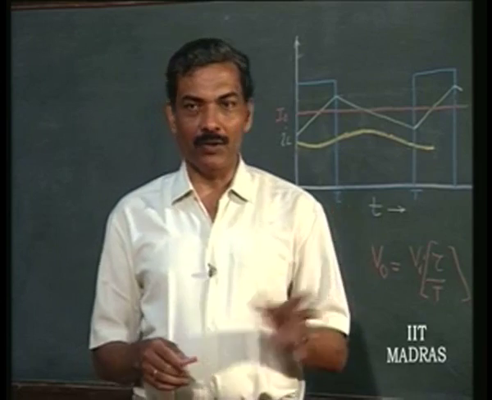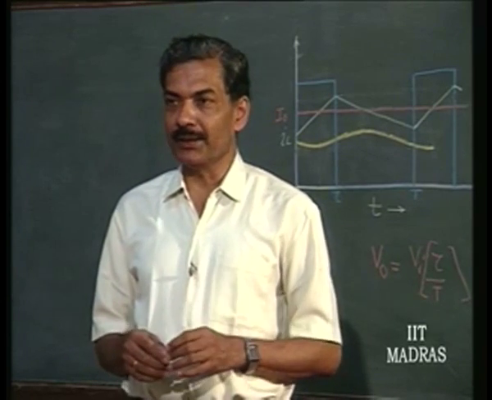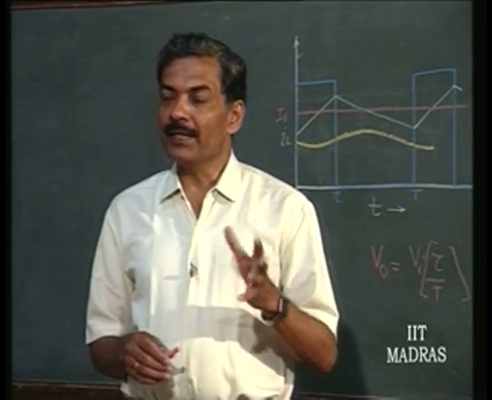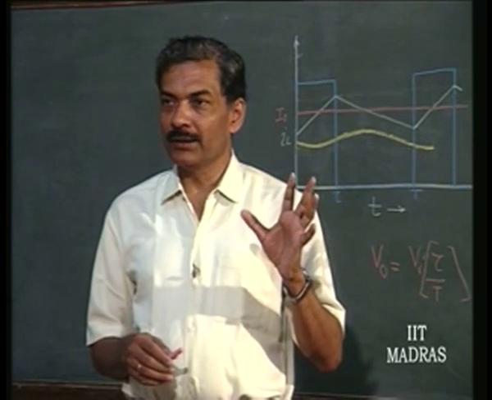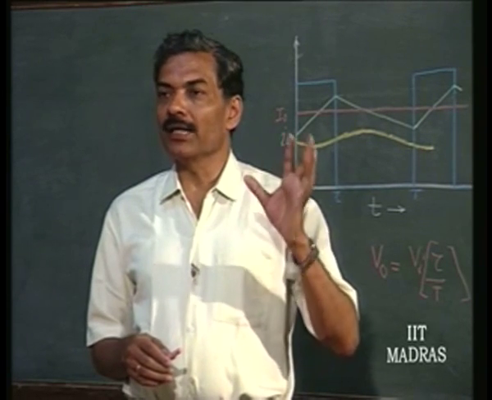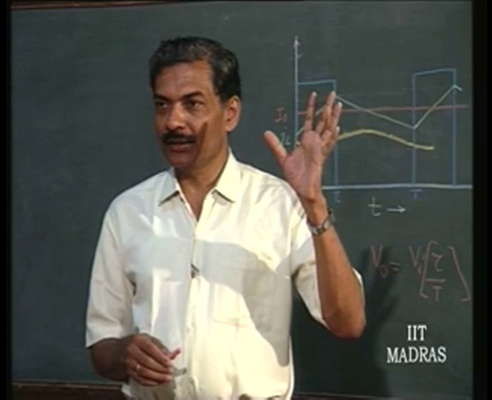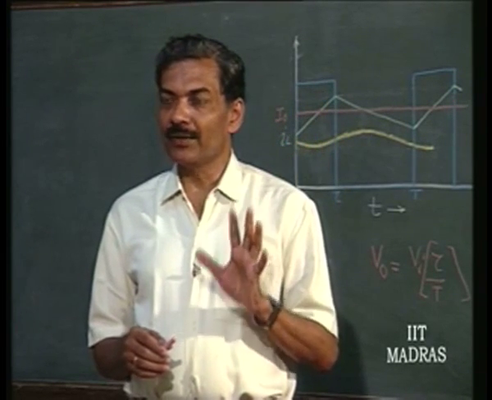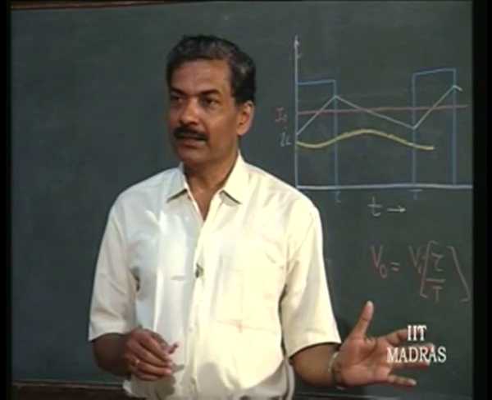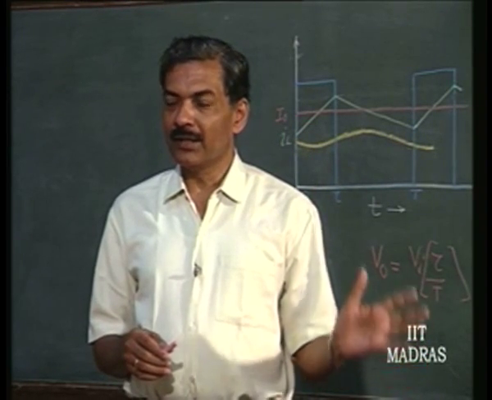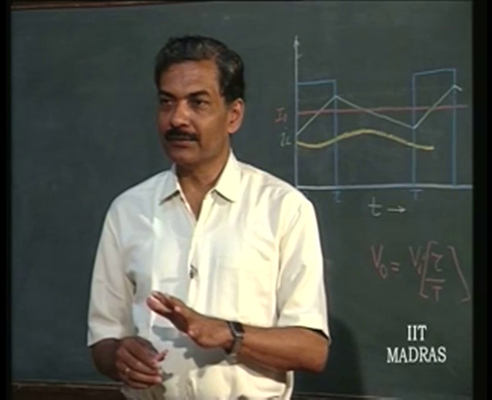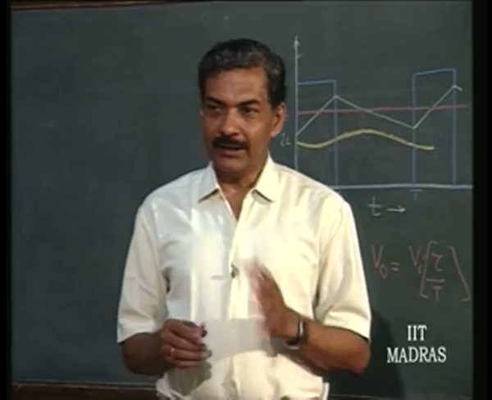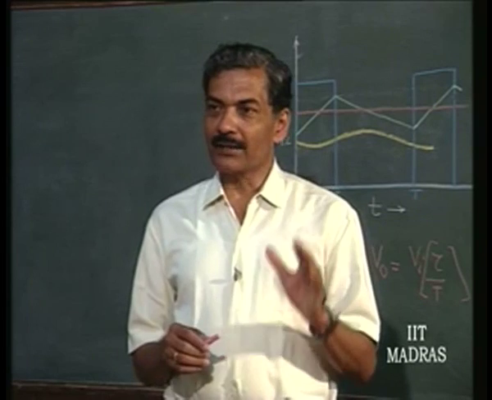Now, this pulse width modulation scheme is very important in making the stage work in what is called class D mode. The transistor is always going to work either in saturation or in cutoff. So, this kind of operation is called class D operation.